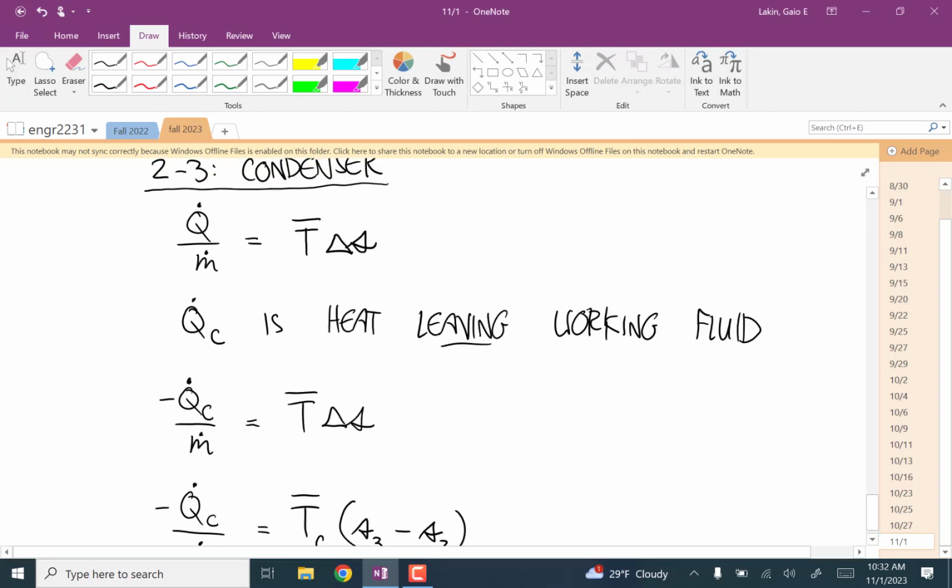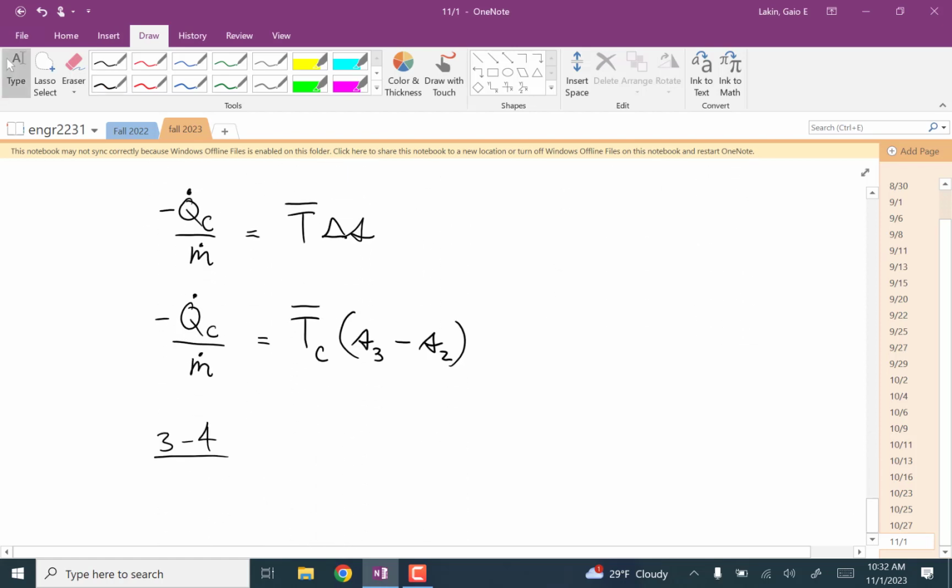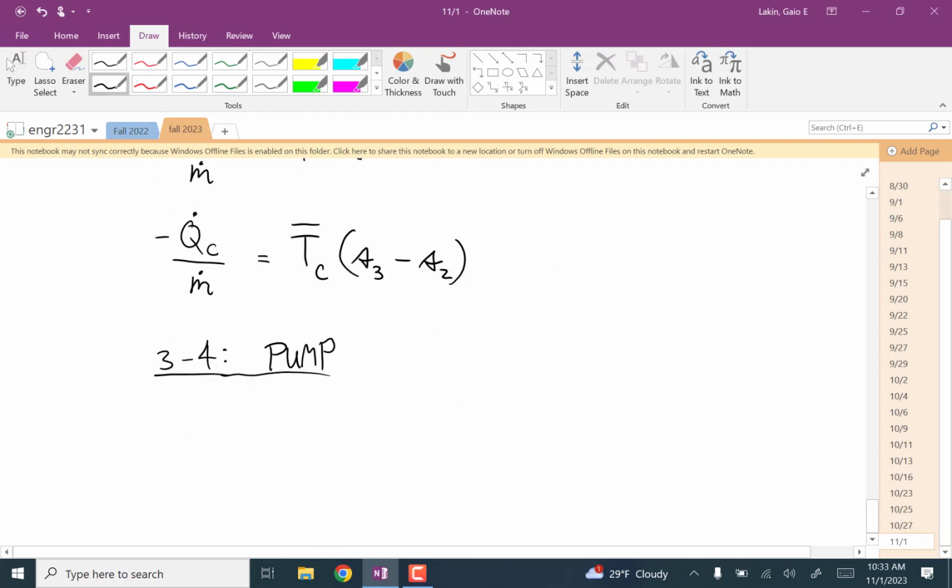Okay, state, what are we at? State 3. So state 3 to state 4. This is the pump. This is isentropic.